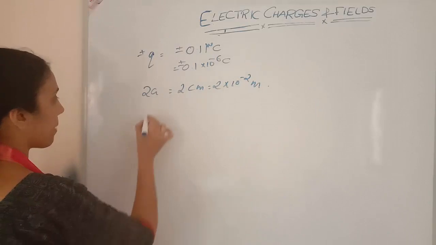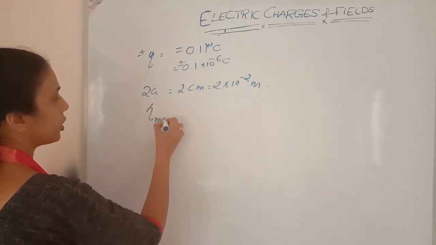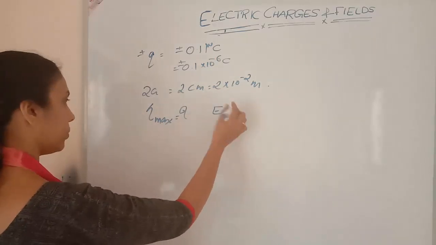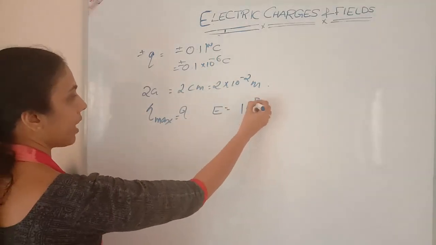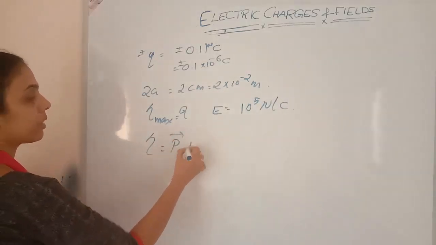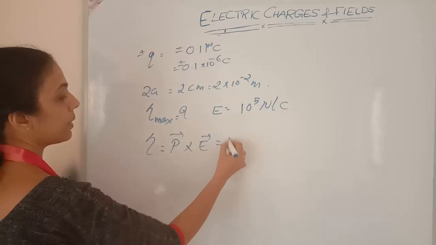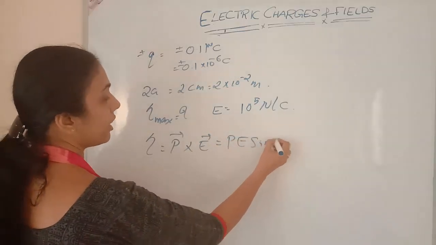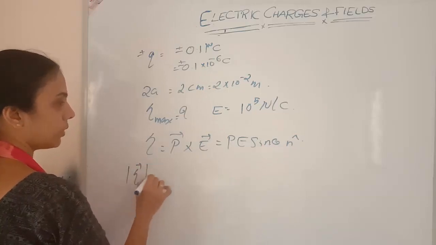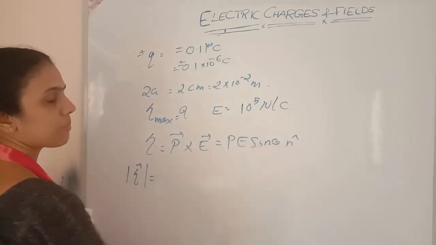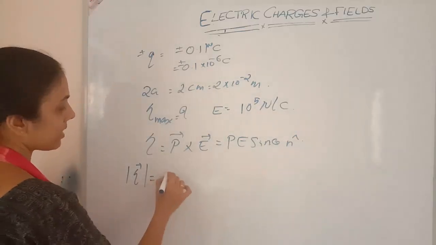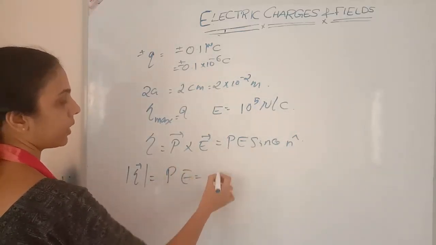Okay, then what is the maximum torque? That we should find out. For that, the electric field is given as a value only, it is 10 to the power 5 Newton per coulomb. So tau will be equal to P cross E, therefore PE sin theta into vector n, but here we should find the magnitude alone. For that, the maximum value of sin theta is 1 when theta equals 90 degree. So P into E. How can we find P?